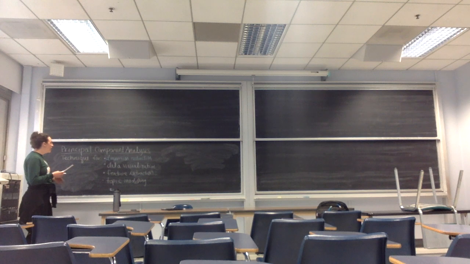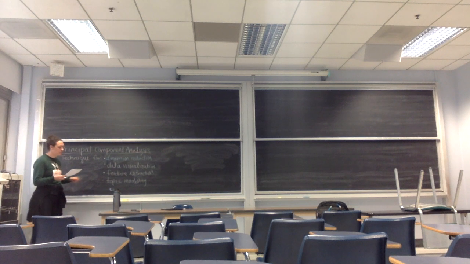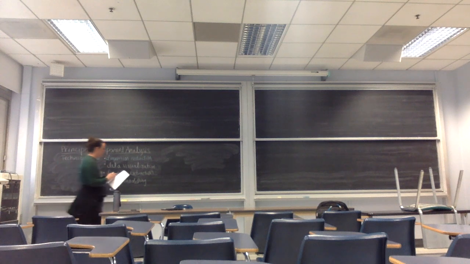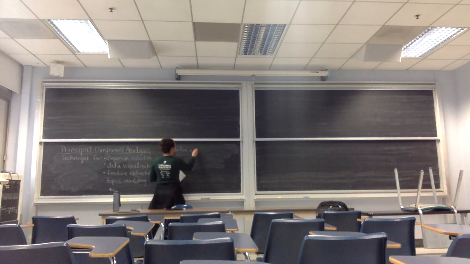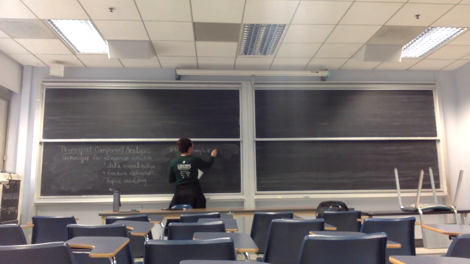Let me give you an idea of what principal component analysis can do for you. So I'm going to give you two intuitive examples. The first intuitive example is used in compression.